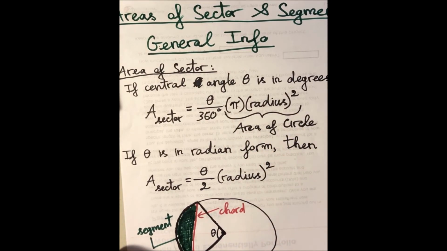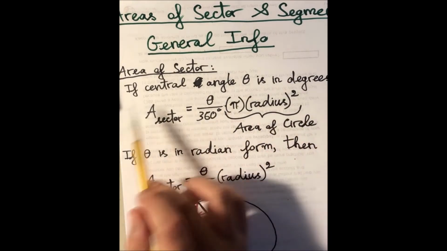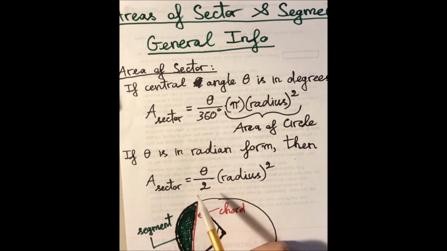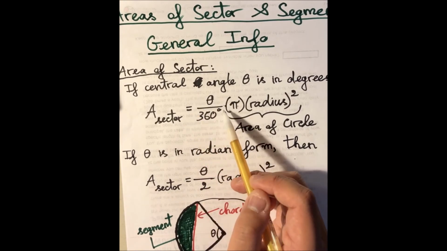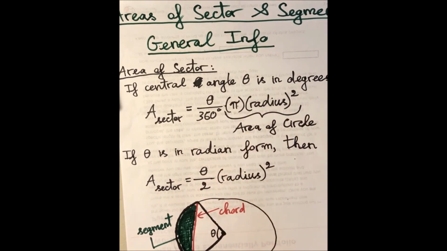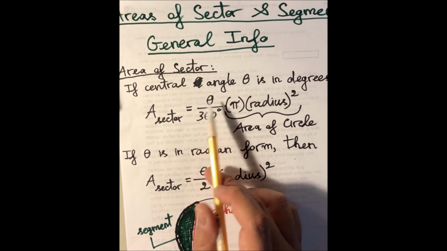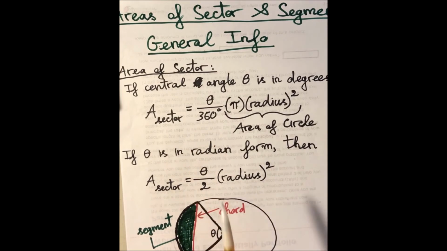The word "of" usually indicates multiplication when you have a percentage problem, for example. Recall that if you were asked to find 15% of the regular price of a pair of shoes, that word "of" indicates multiplication. Something of something else means something multiplies that something else. Well, same thing right here. The way I like to think about this sector area formula is a portion of the area of the entire circle. So that's why there's multiplication in here, and that portion is the division of the central angle over the total degrees you get when you go all the way around a circle.